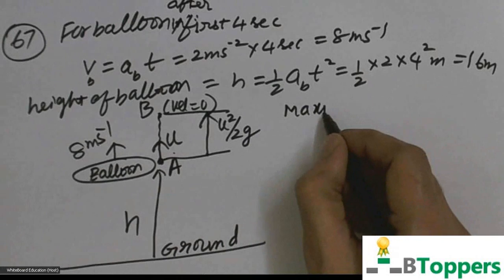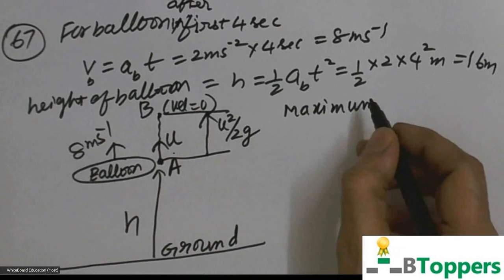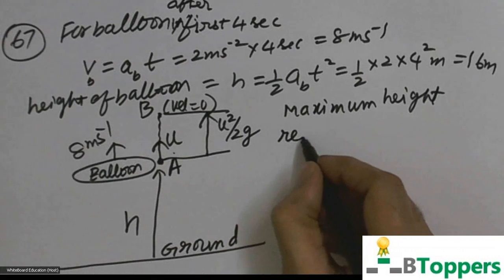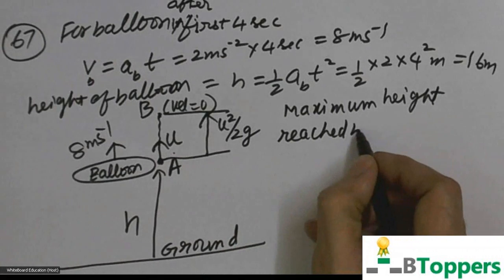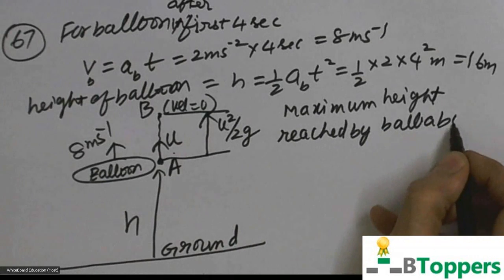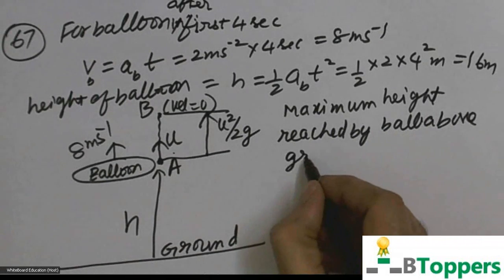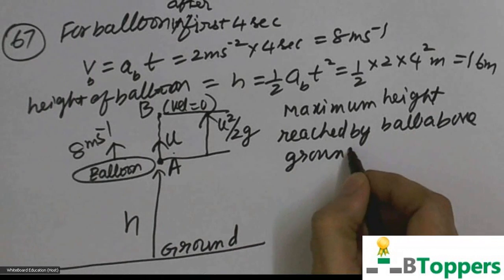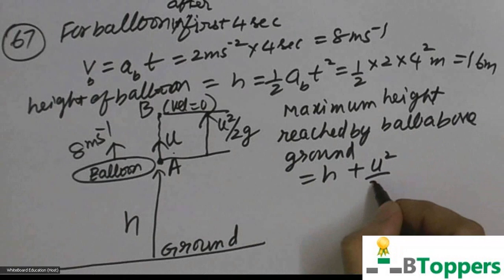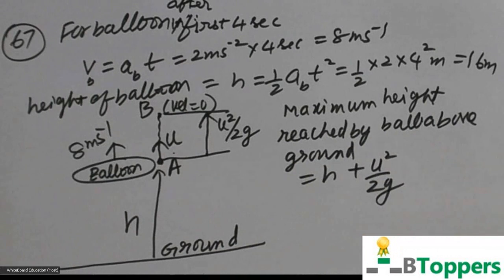Therefore, the maximum height reached by the ball above the ground will be equal to the height of the balloon when the ball was dropped from it, plus the height to which the ball rises above the initial position A after it is dropped, before it starts falling.